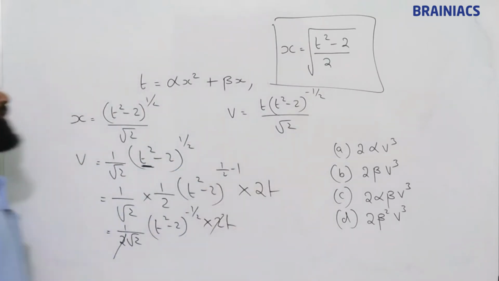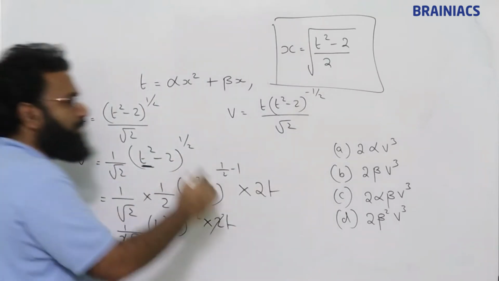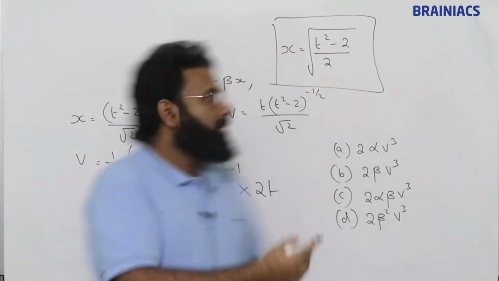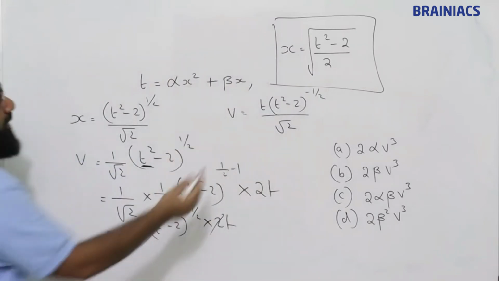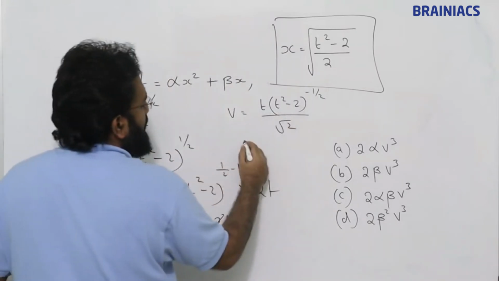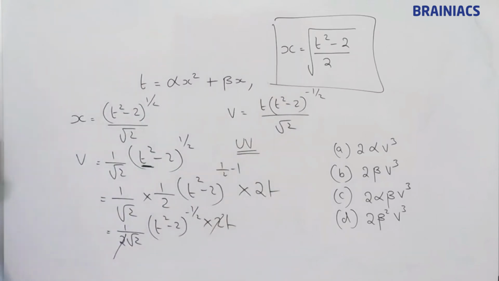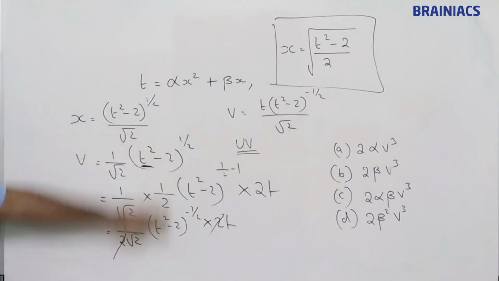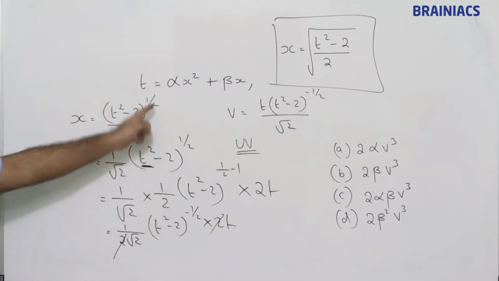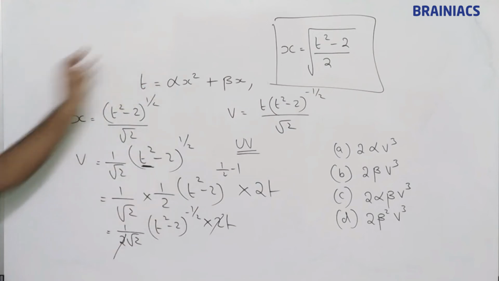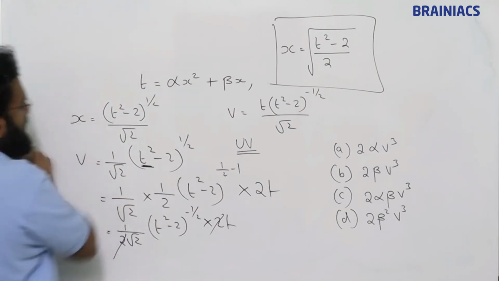This is the velocity. Again, if you need to find acceleration, you need to differentiate this, using the uv method. I was just telling the method of how to do it if you are able to separate the things. Note it down.